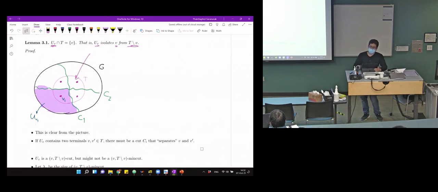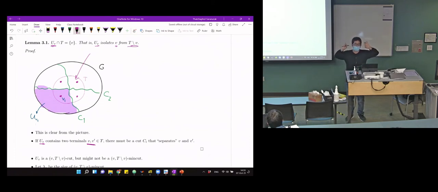It's kind of clear from the picture, but the reason is that if UV actually contained 2 nodes, V and V prime, from the terminal, then V and V prime have different binary strings representing them. So one of the bits will differ. Let's say the ith bit differs. Then Ci would separate V and V prime and cut through UV.